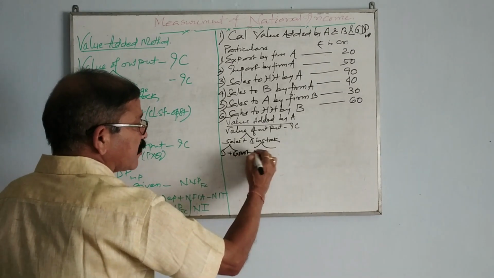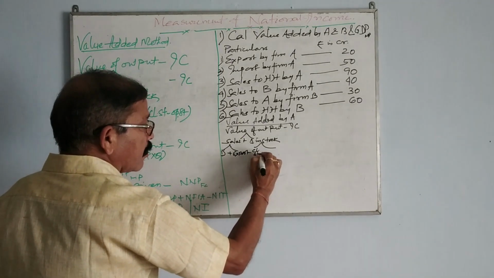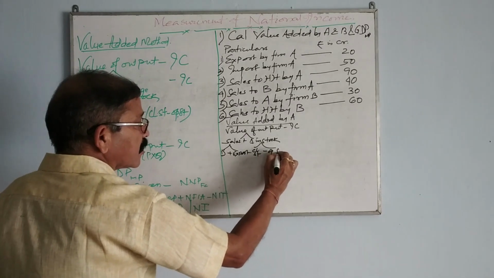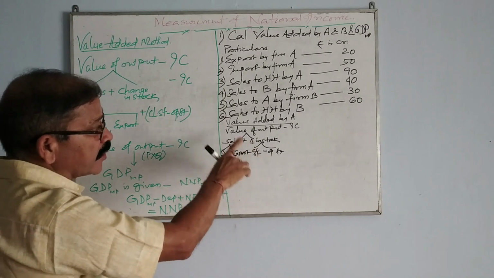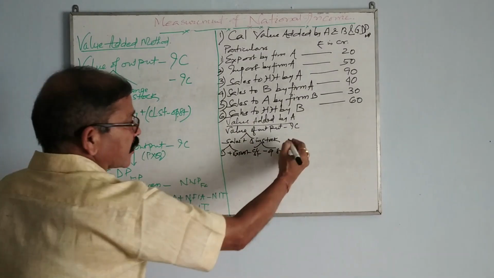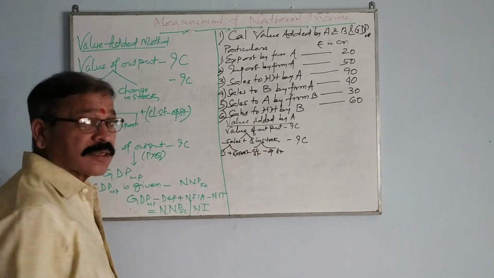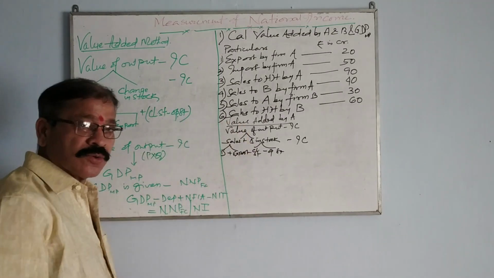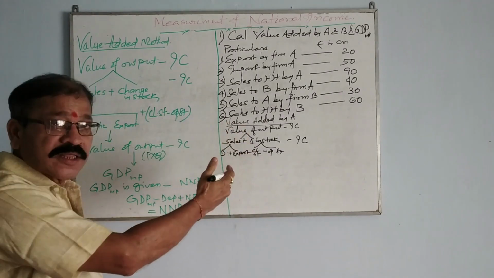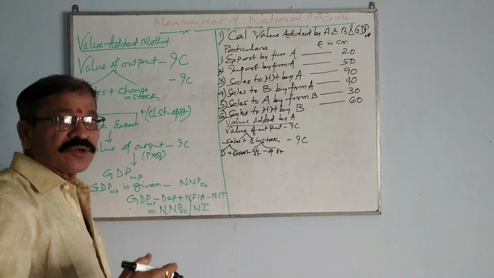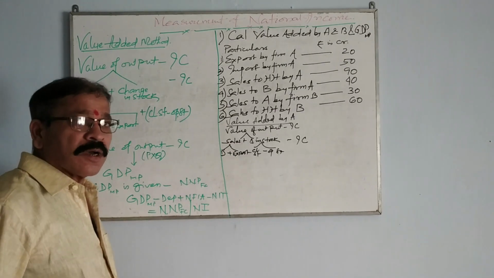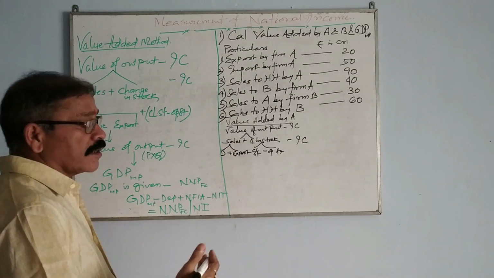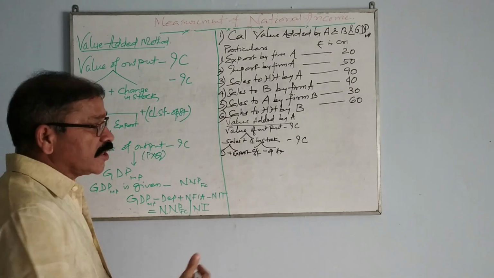And change in stock means closing stock minus opening stock. This is the formula to get the value of output, then IC. Initially, if you do it like this, it will be easy to understand, and after a few exercises, you will easily be able to do these.